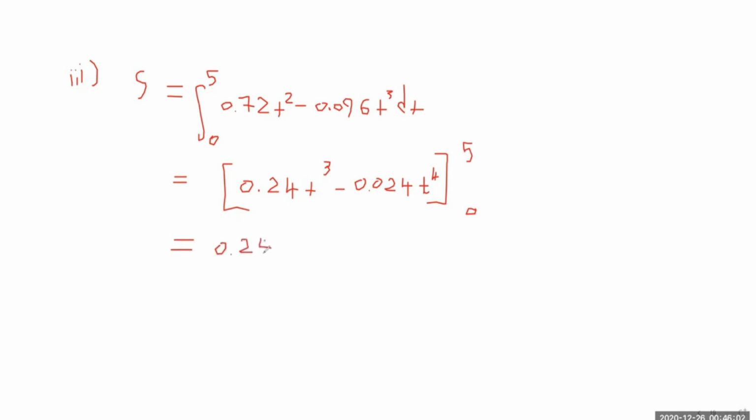So plugging in the 5, we're going to get 0.24 times 5 cubed minus 0.024 times 5 to the 4th power. That will give us the distance it covered.